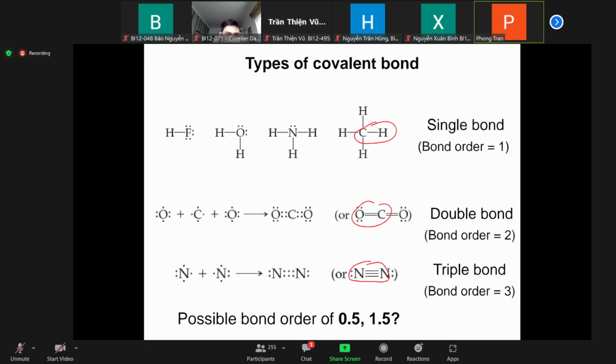Well, I remember that's just like the compound like H2 plus. It's like the compound of hydrogens, but they use some kind of energy. They remove only one electron in the bond from between two hydrogen atoms. So I think the bond order will be like 0.5. I think so.